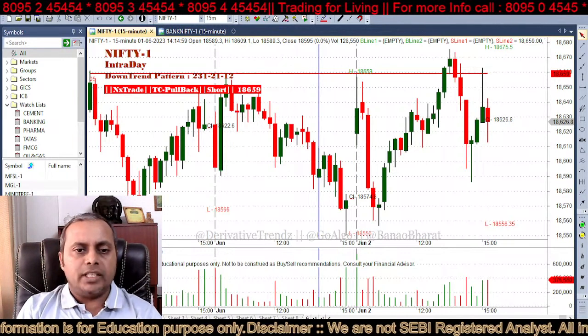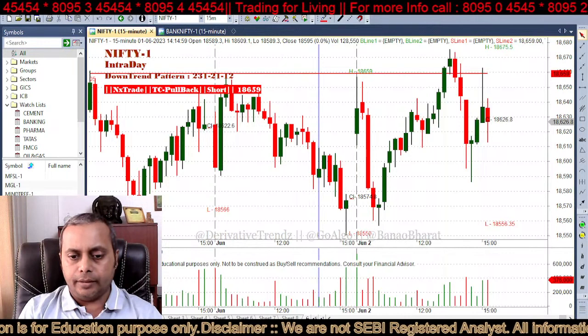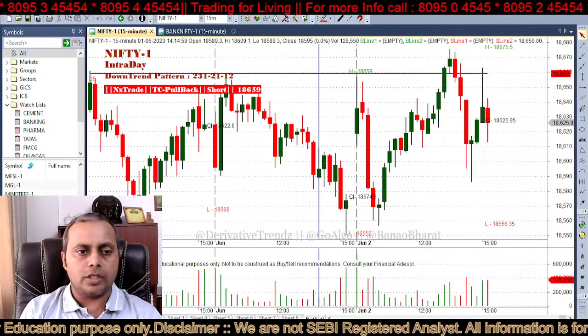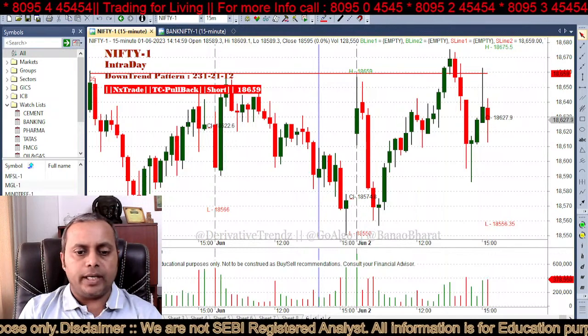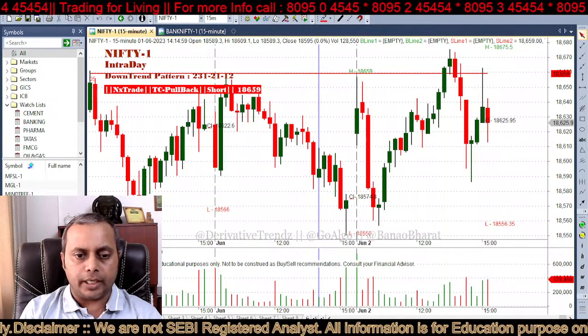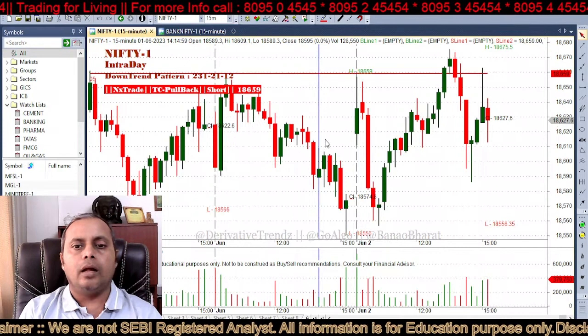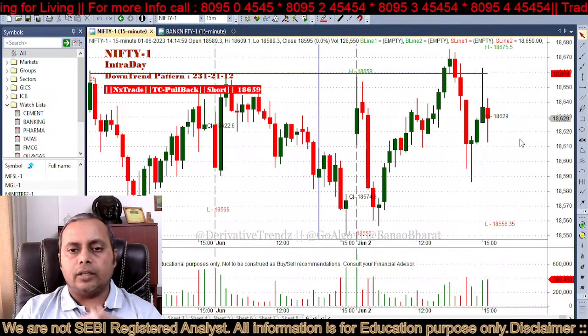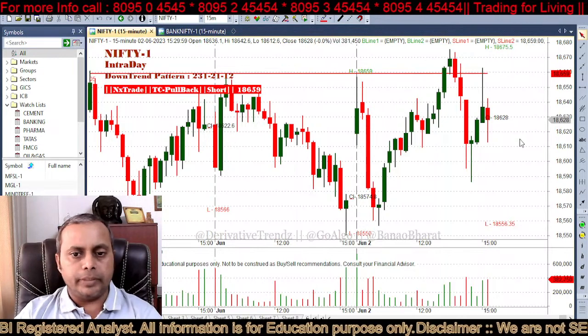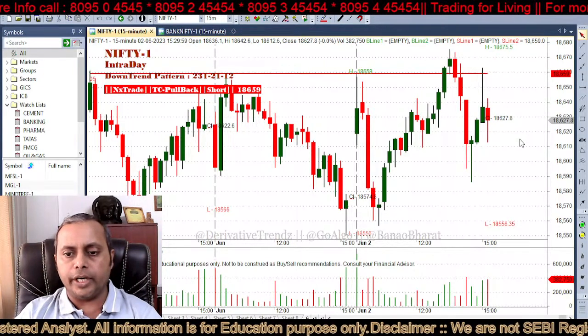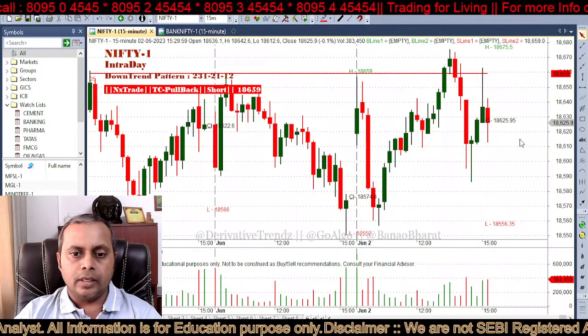Just about 2 minutes left in today's trade. Almost the complete zigzag movement has happened today in the markets. You can see here, this is the chart of Nifty, opens at around 18,656. From there on goes all the way down to 18,556.